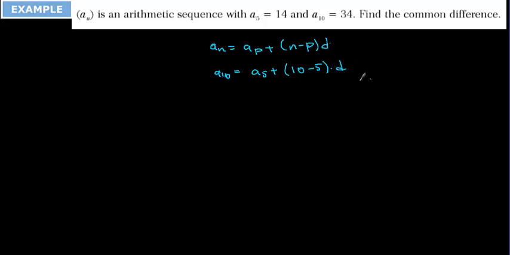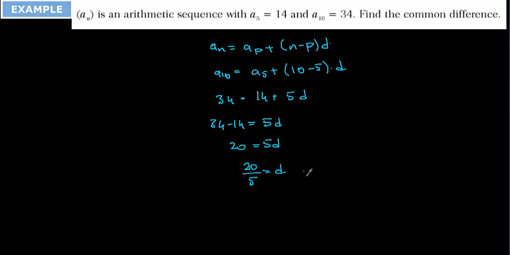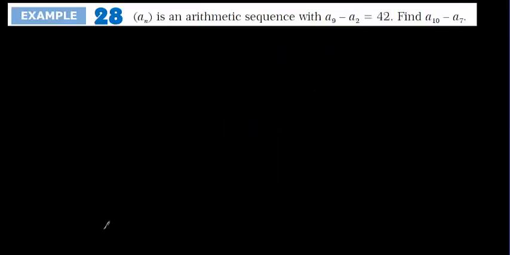The d is the question mark here, because A10 and A5 are given. So 34 is equal to 14 plus 5d, and 34 minus 14 is equal to 5d. 20 is equal to 5d, and 20 over 5 is equal to d.